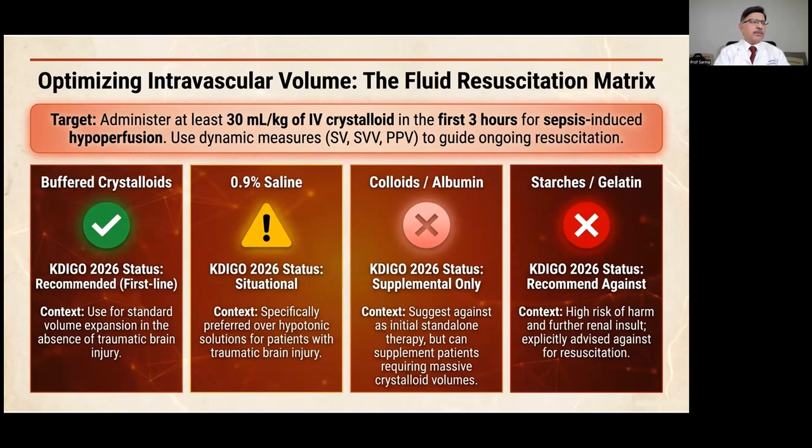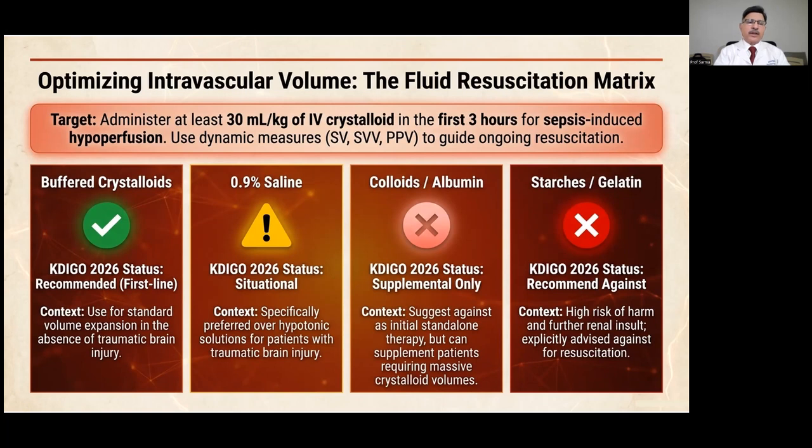Now, optimizing intravascular volume, the fluid resuscitation method. Target is to administer at least 30 ml per kilogram of IV crystalloid in the first 3 hours in sepsis-induced hypoperfusion. Use dynamic measures like SV, SVV, PPV. These are the historic volume and pressure gradients to guide ongoing resuscitation. What do I use?